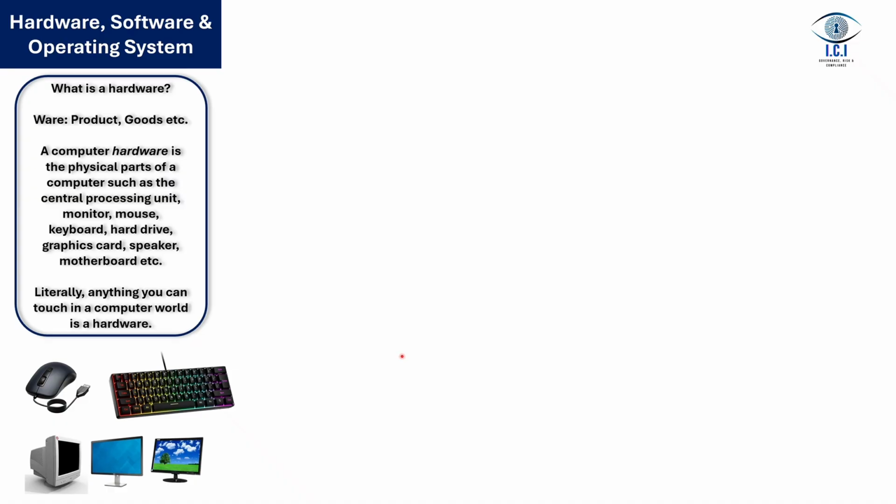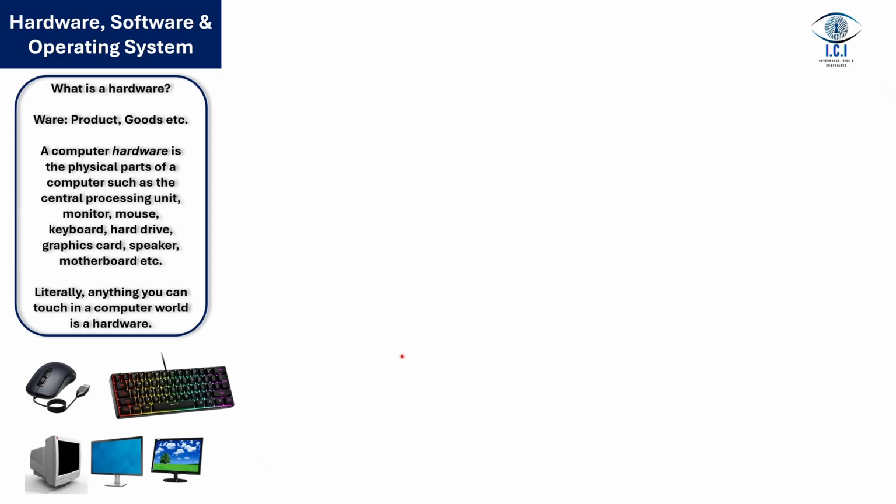So a hardware is a physical part of a computer, such as the CPU, that's the central processing unit, the monitor, mouse, keyboard, hard drive, graphics card, name them. So when you hear about hardware, it literally means anything you can touch on your computer, anything.